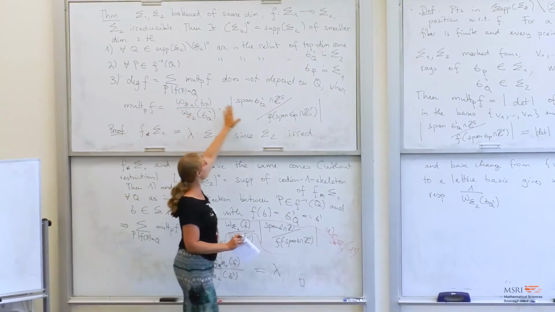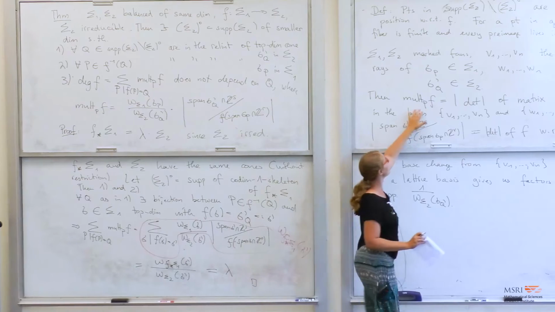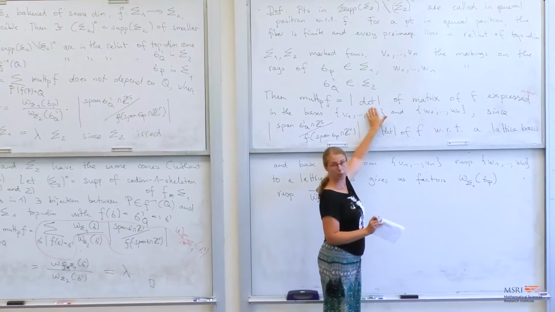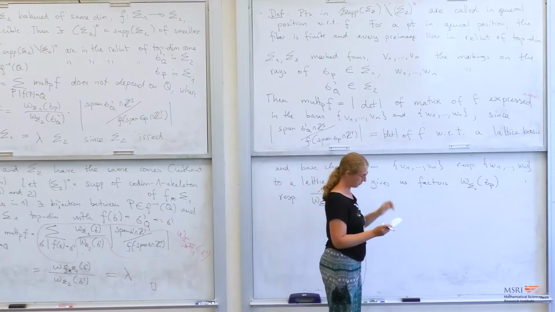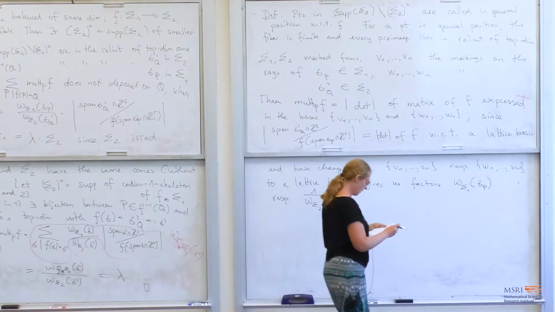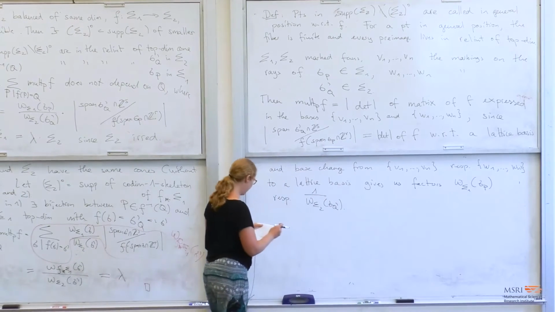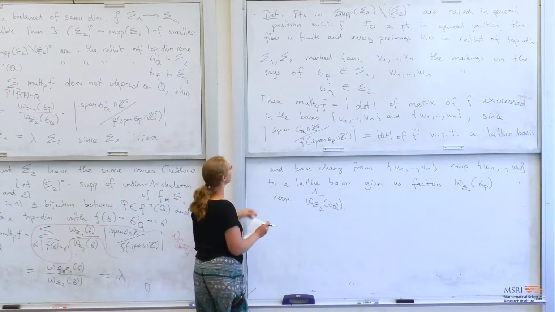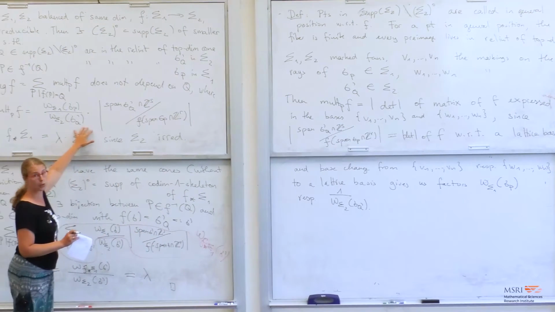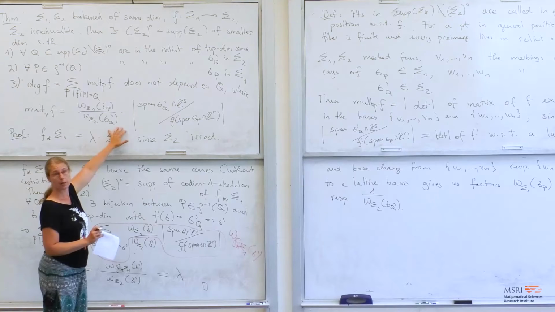And so we can express this whole multiplicity just as the determinant of a matrix F expressed in our markings. Okay, why is this great? Because this tells us that this multiplicity we're talking about is really the multiplicity I promised you earlier.